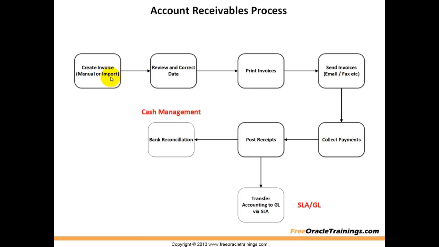Other sources could include invoices coming from other sources such as projects, or if you have implemented service contracts, that could be another source. You can get receivables invoices from there, or you can also get invoices from external systems.